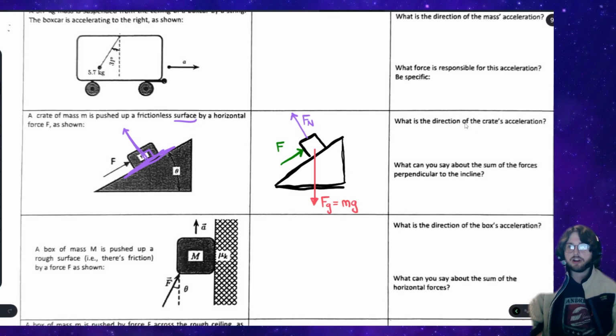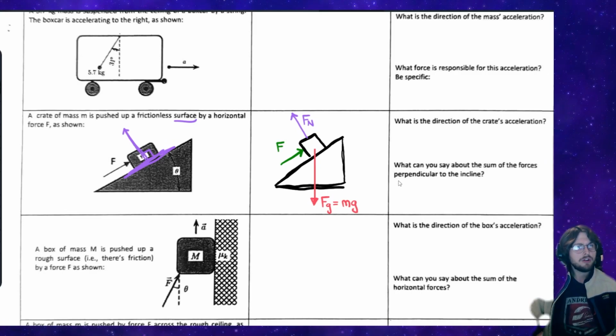So this first question over on this side is asking, what is the direction of the crate's acceleration? Well, normally, we've been splitting things up into horizontal and vertical. In this case, you'd imagine the box would either be sliding up or sliding down the incline.